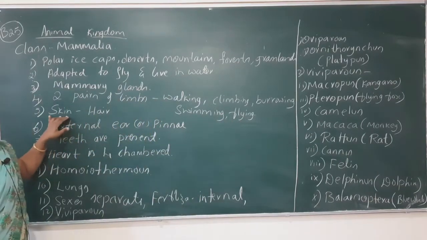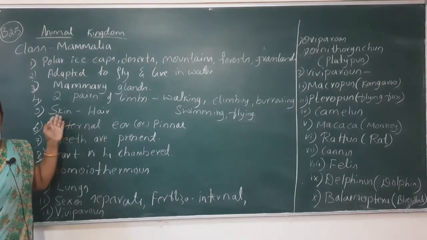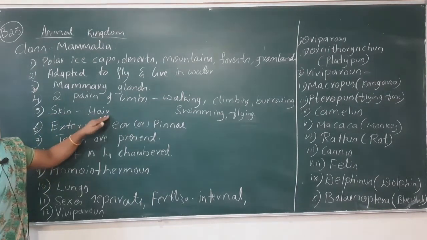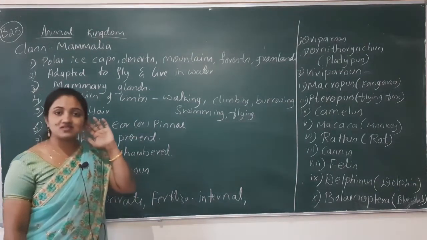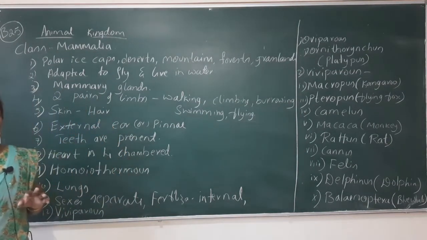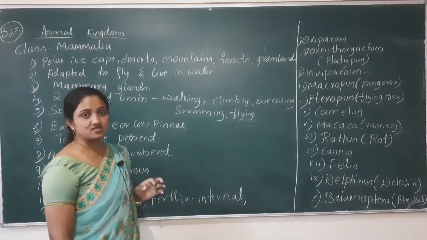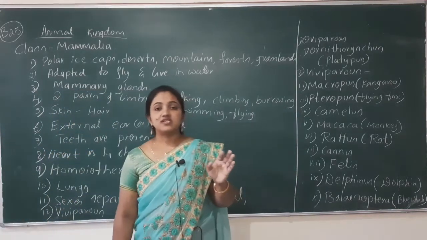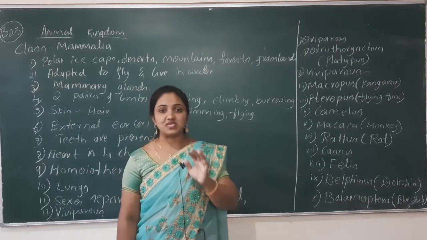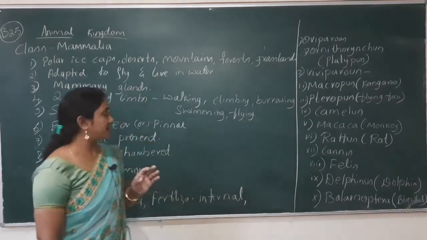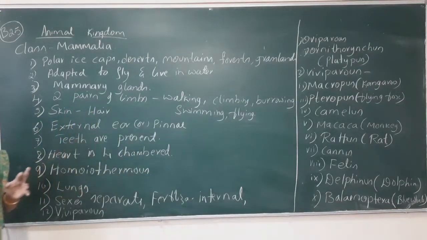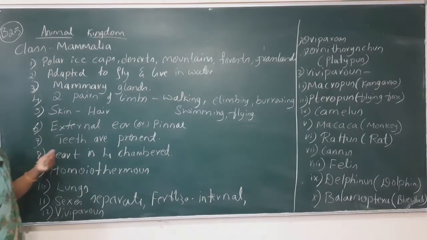The outermost skin, the epidermal layer, is covered by hair, and it has an external ear which is known as pinna, but in the previous classes those organisms don't possess the external pinna. It is only represented as tympanum, but here external pinna, the external ear, is present.